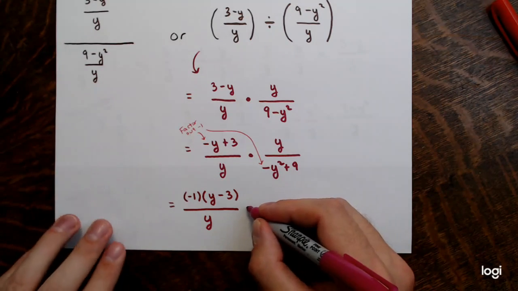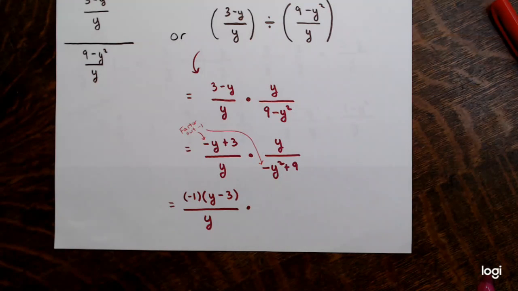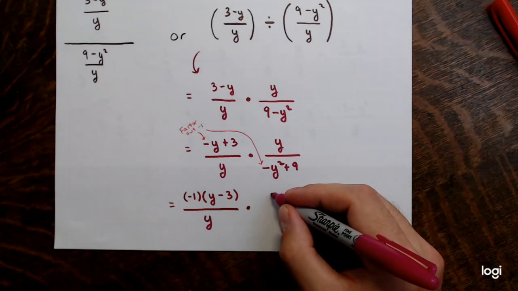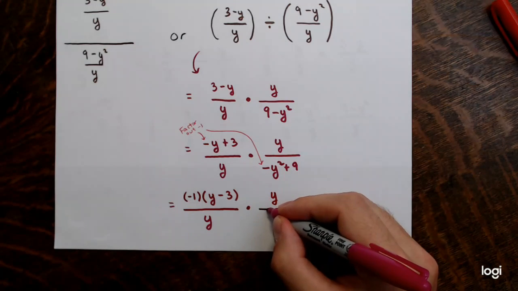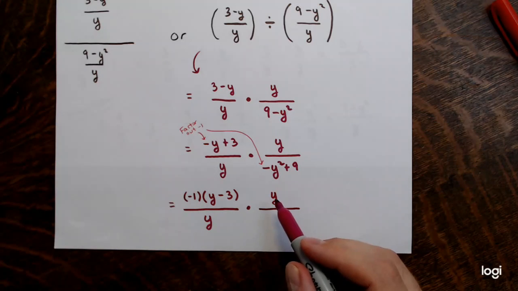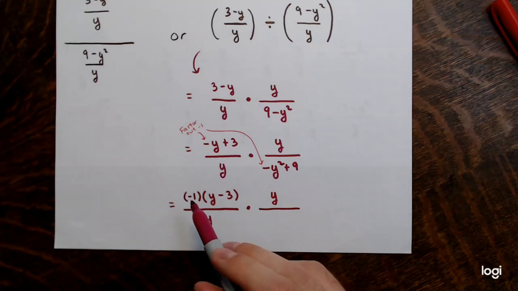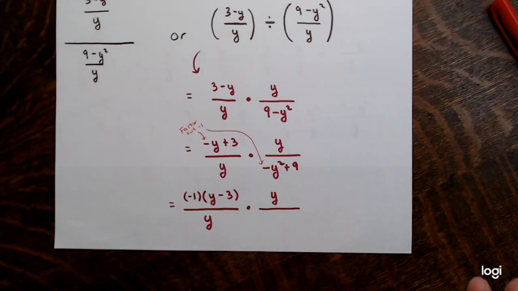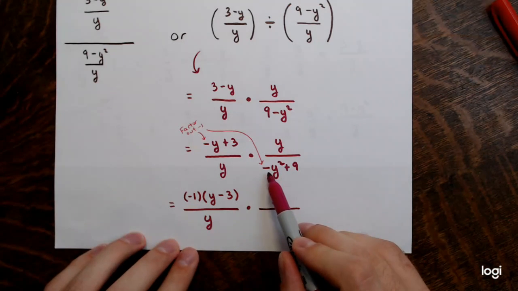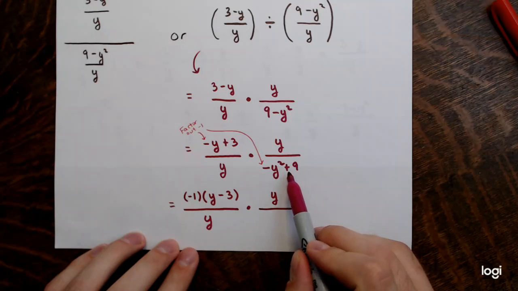All right, then times the next fraction, the numerator, trying to factor it. Well, it only has a factor of y. And these factors that have just a single term, I don't usually put parentheses around unless it's a negative number, because it looks messy when you have a negative number on its own. I don't know why.